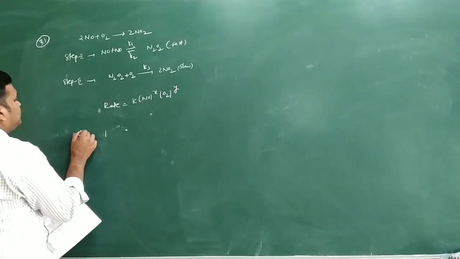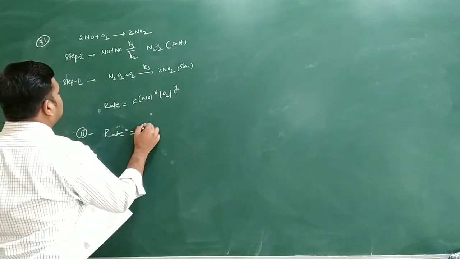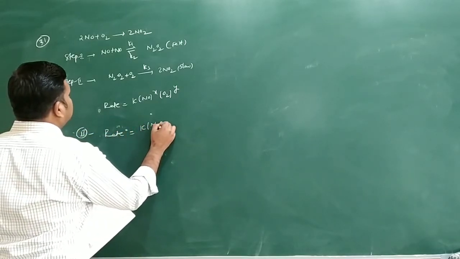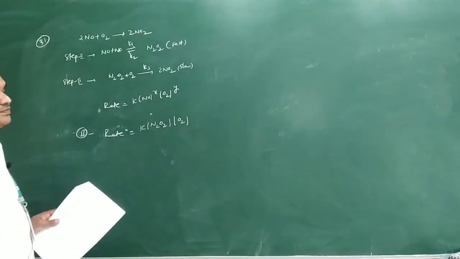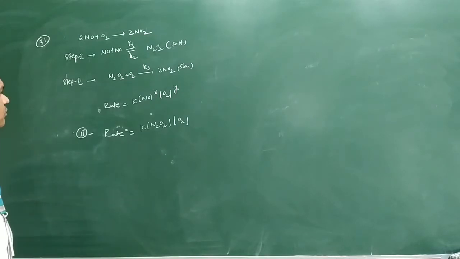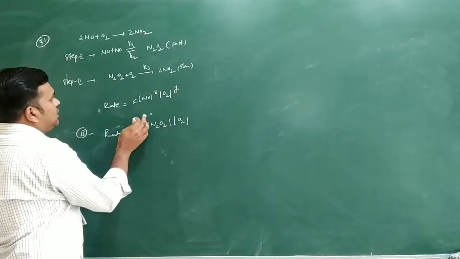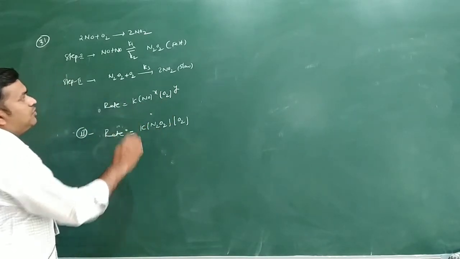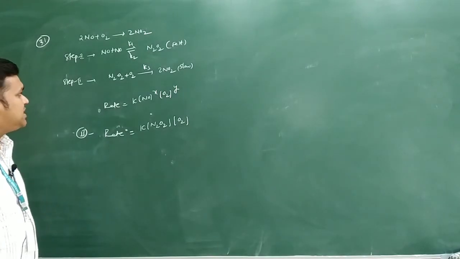From step 2, rate is equal to K into concentration of N2O2 into concentration of O2. O2 is given. In place of N2O2, what is required? NO is required. So how will you write this NO from this equation?